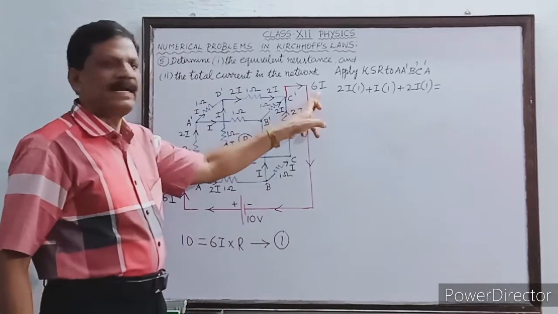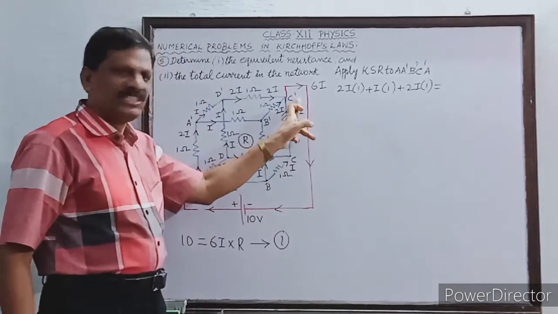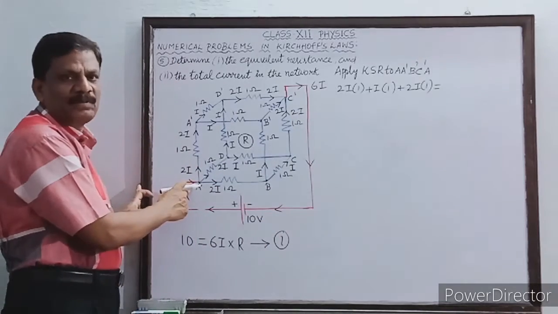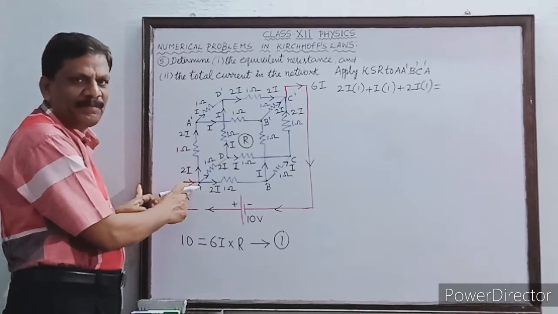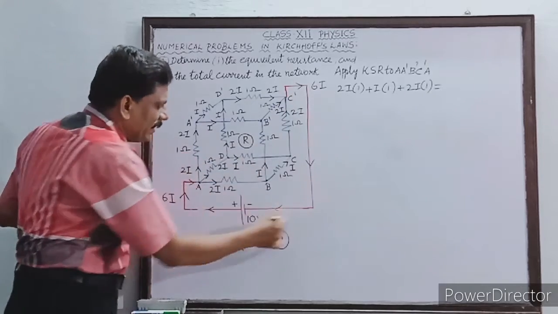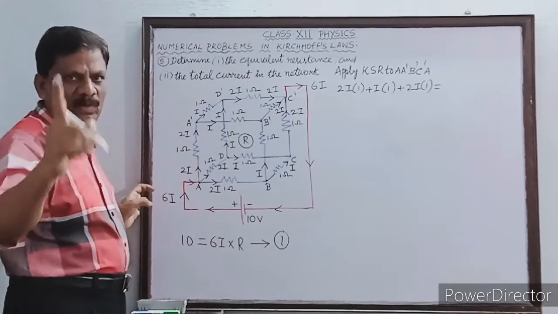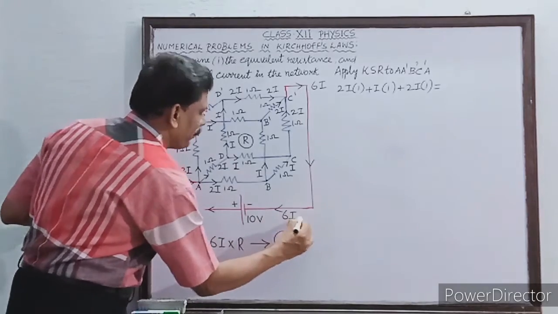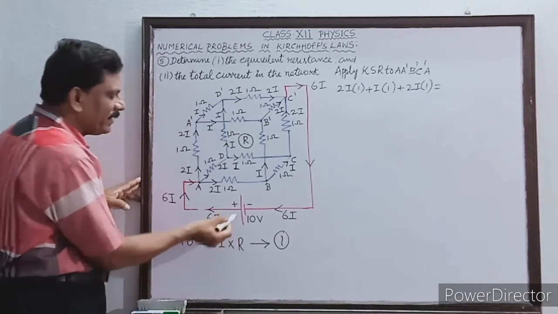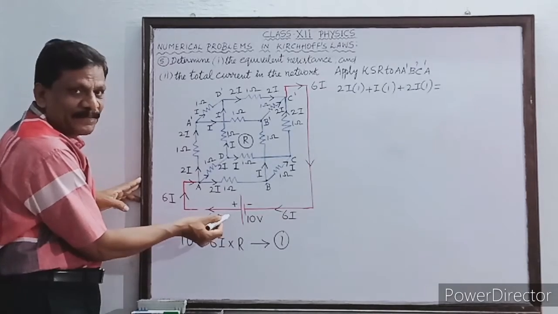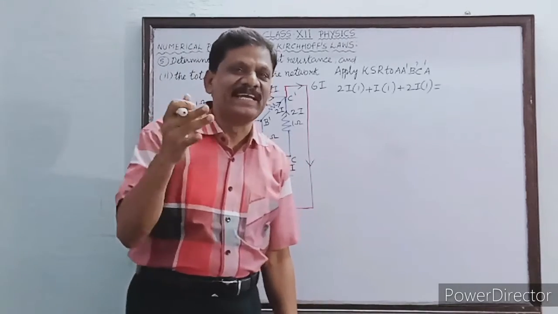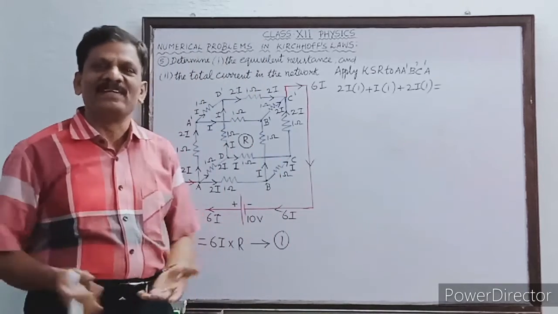The current 6I ampere is leaving the junction C dash, completing the circuit, and coming back to the point A. The loop is getting completed. Now, what is the algebraic sum of the EMF? There is one and only cell of EMF 10 volt. The current 6I ampere is leaving the positive terminal of the battery, so the sign of the EMF is also positive.